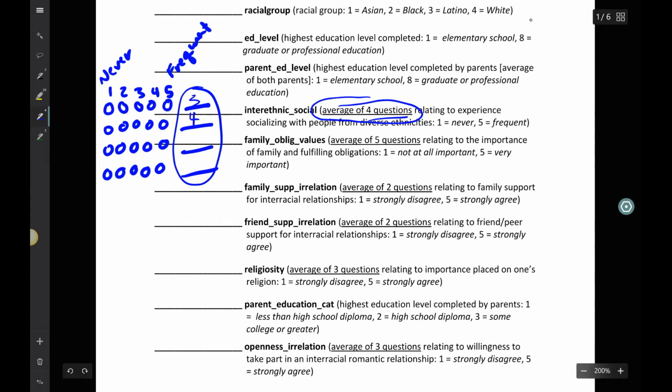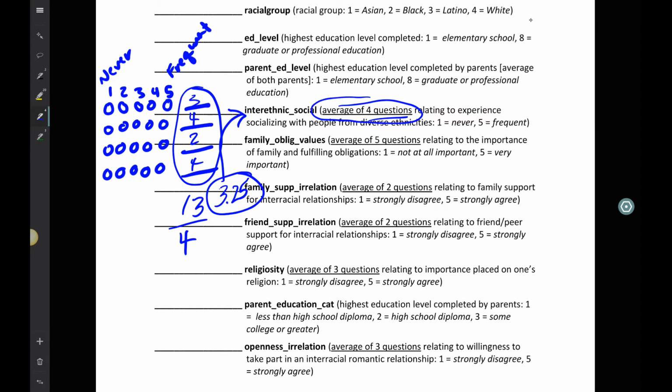Let's say this was 3, 4, 2, and 4. We would add these up, 7, 8, 9, 10, 11, 12, 13. 13 divided by 4. Of course, I didn't do something nice and even. So what is that? 3.25. And this would be the score that is in there for their interethnic social. So it's averaging the responses to a set of questions.